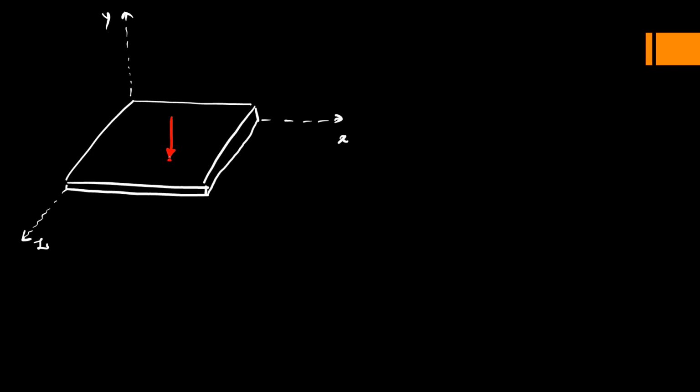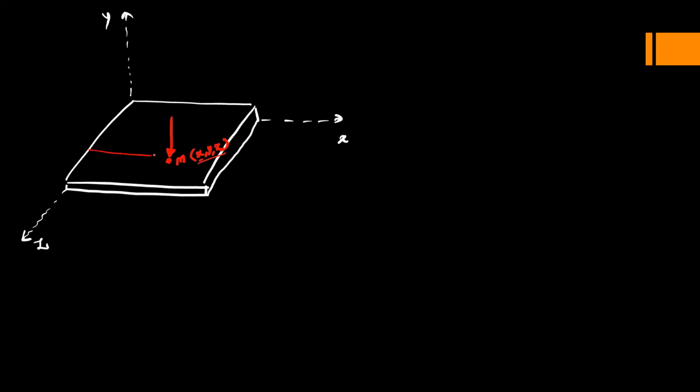So I will assume this point to be point M. Okay, so this point M will have the coordinates X, Y, and Z. So we have to find out these coordinates. Definitely for this point, its Y coordinate will be 0. But we have to find out the remaining two coordinates.